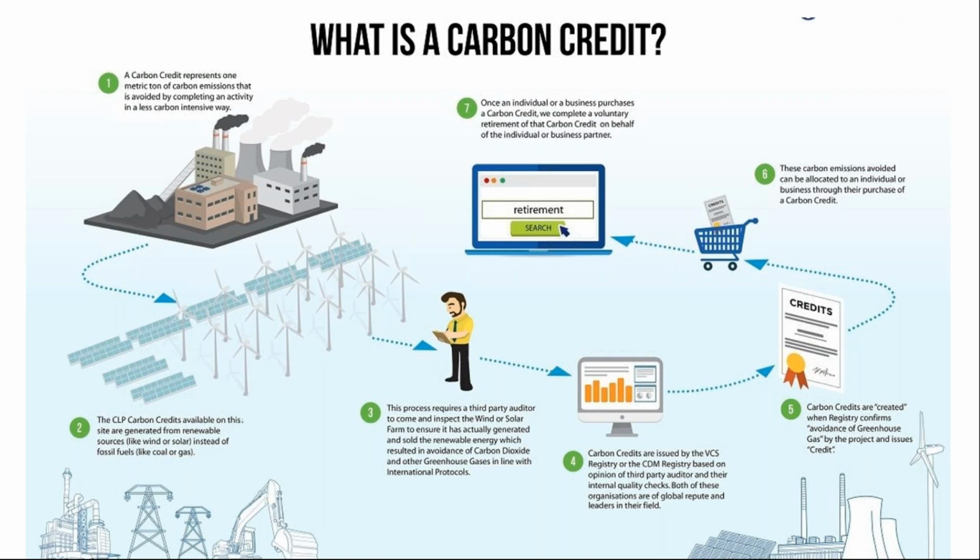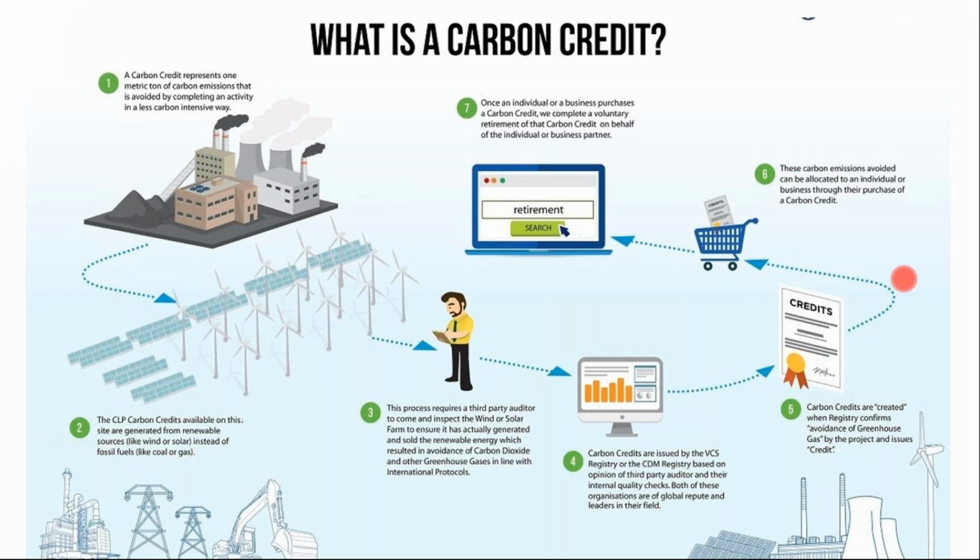It is just like a share in the share market. It is of carbon, that is why it is called carbon credit. Carbon credit represents 1 metric ton of carbon emissions. So 1 carbon credit is equivalent to 1 metric ton of carbon emission.